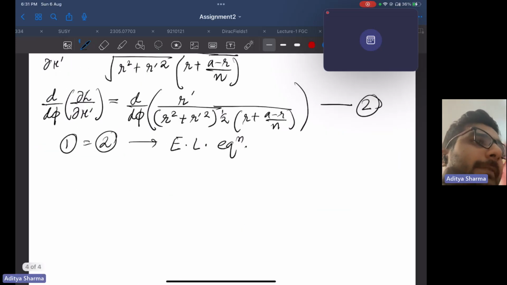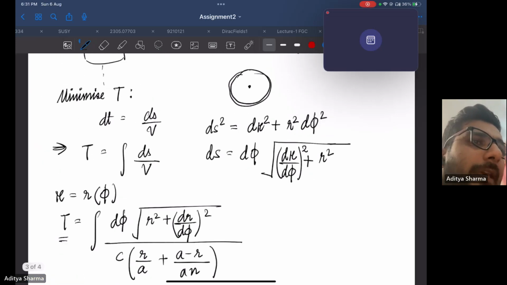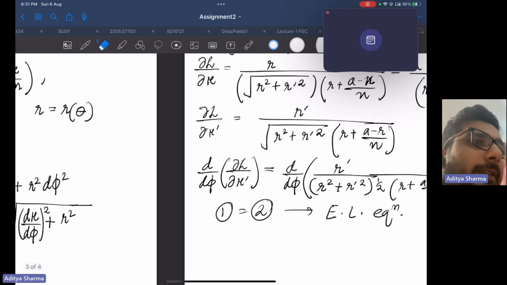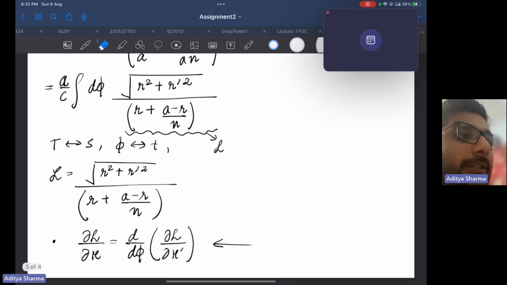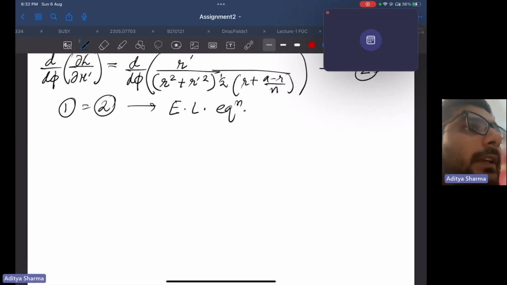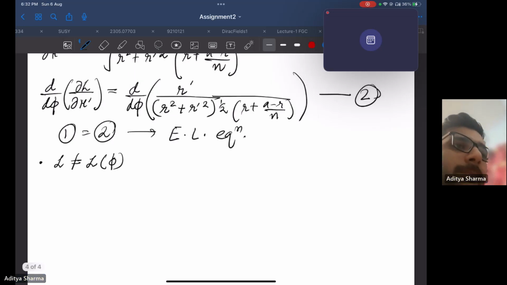It's not a trick per se. We know that the Hamiltonian in this problem is a constant because this Lagrangian is not an explicit function of phi. That is to say, whatever that function is, it does not have phi coordinates explicitly.